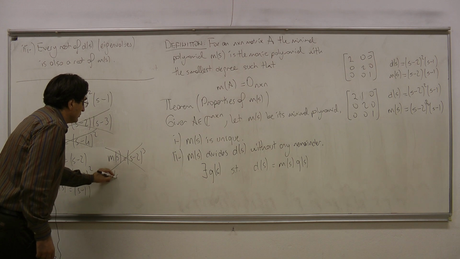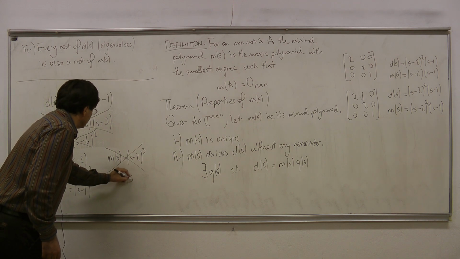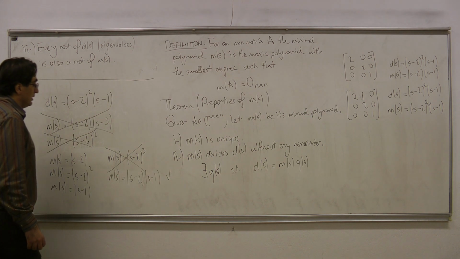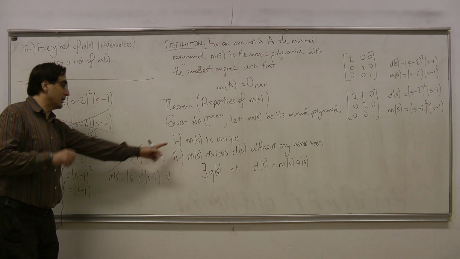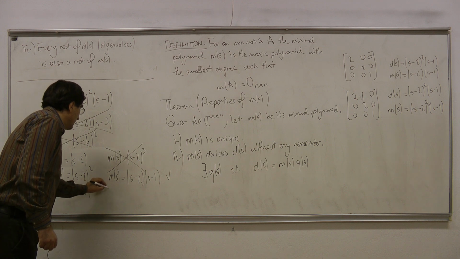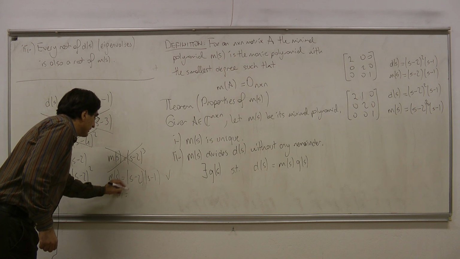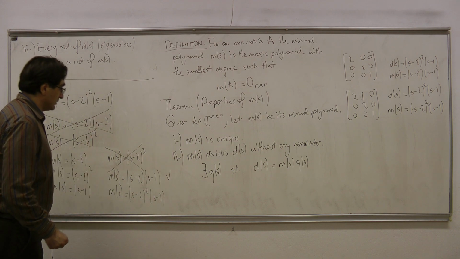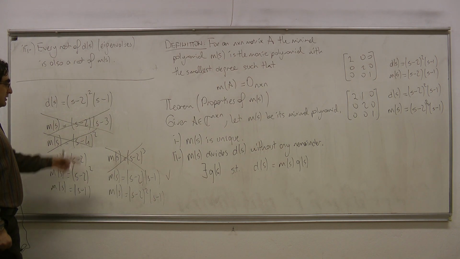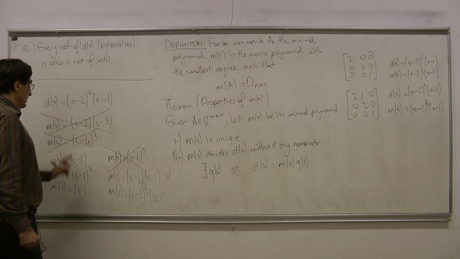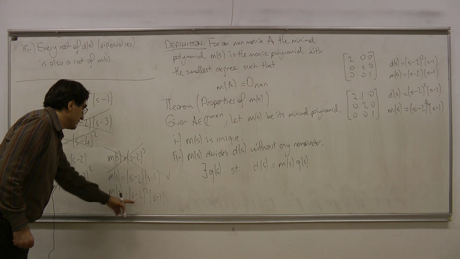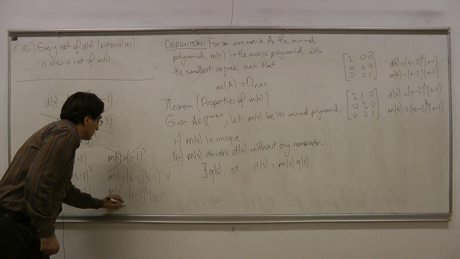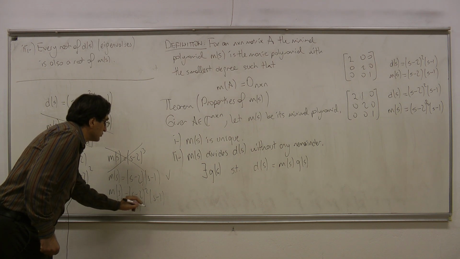Okay, and m of s, can it be this one, s minus 2 times s minus 1? Yes, this can be a minimal polynomial. It doesn't violate the second property. And what about m of s equal to s minus 2 squared times s minus 1? Yes, this doesn't violate the second property either. And what about m of s equal to s minus 1 squared?